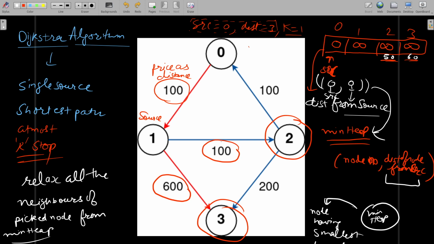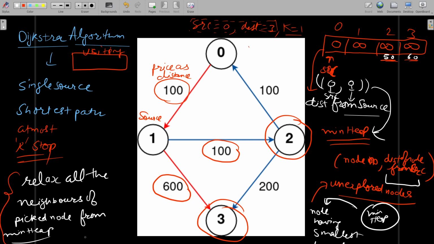Okay, and whenever you pick a node which has the smallest distance from source as of now from the unvisited nodes, there will be some nodes that you have done visiting. By visiting I mean that their neighbors are already explored. For the unvisited or unexplored nodes you will pick the node with the smallest distance from the source, and you will relax its neighbors.